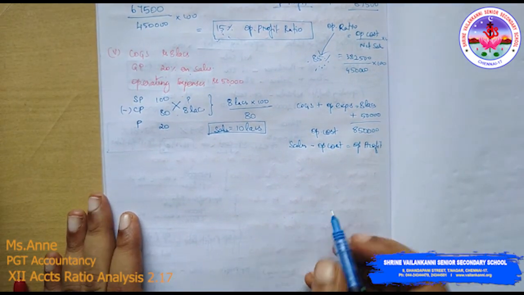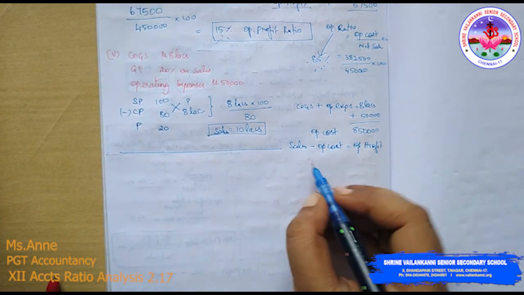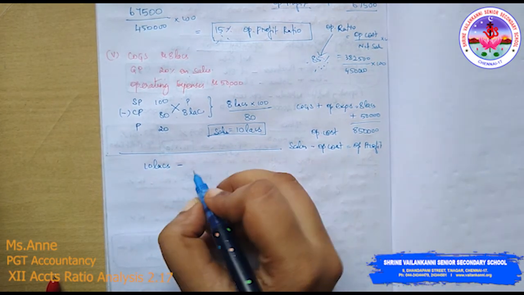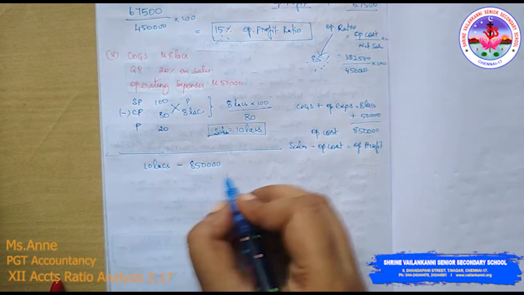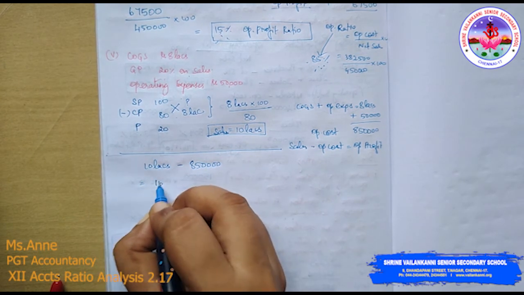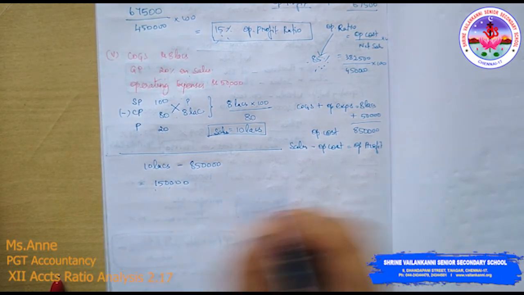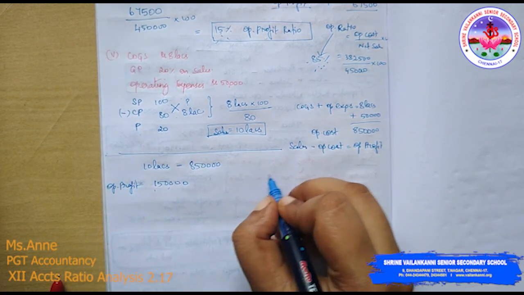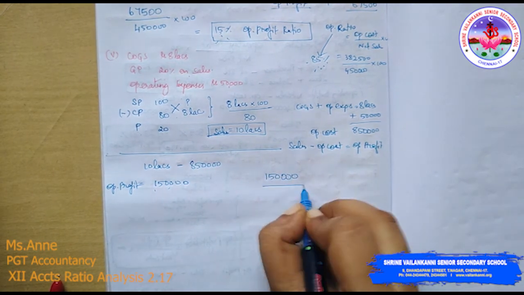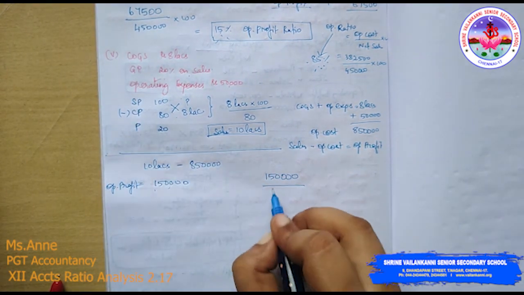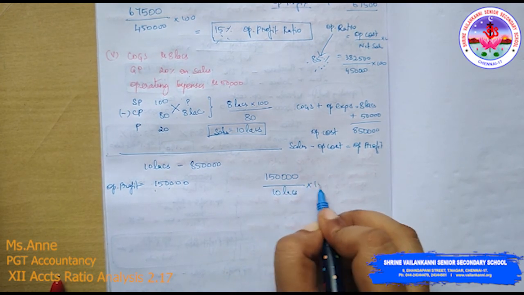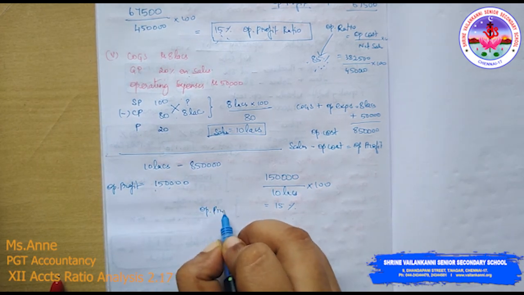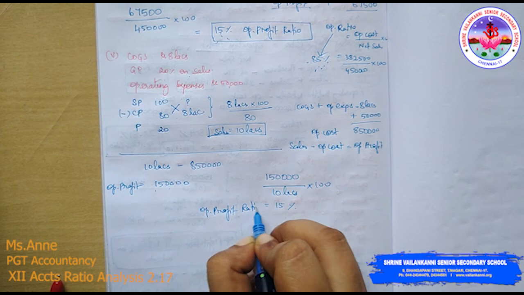Sales 10 lakhs minus operating cost 8,50,000, 1,50,000 will be our operating profit. So what is operating profit ratio? 1,50,000 divided by sales 10 lakhs into 100. Again I am getting 15% as operating profit ratio.